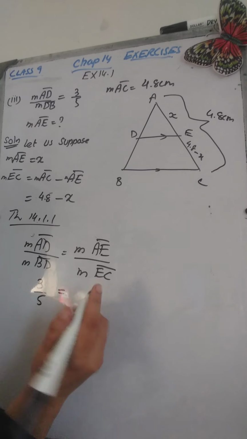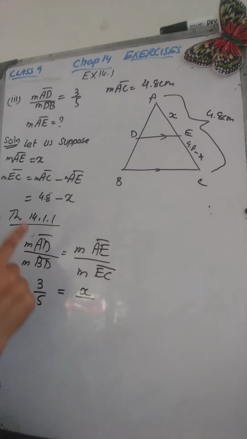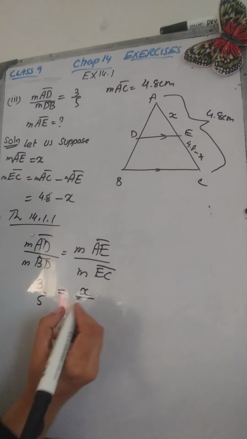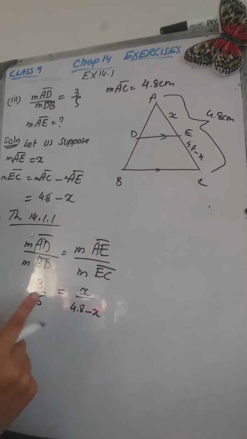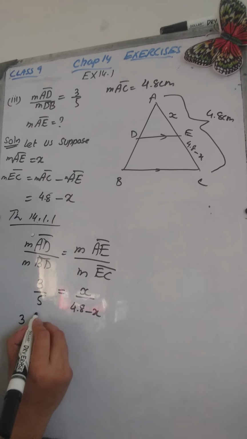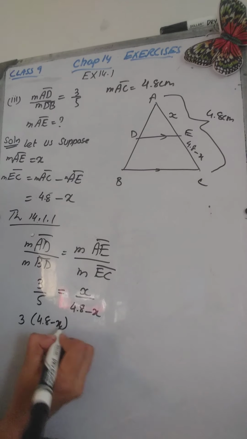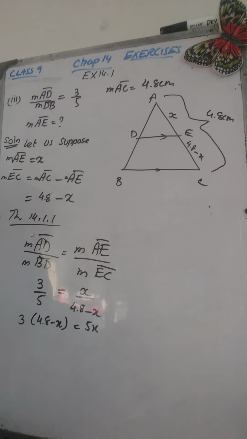AE, I have taken to be equal to x, and EC will be equal to 4.8 minus x. Doing the cross multiplication, what we would have, 3 times 4.8 minus x will be equal to 5x.